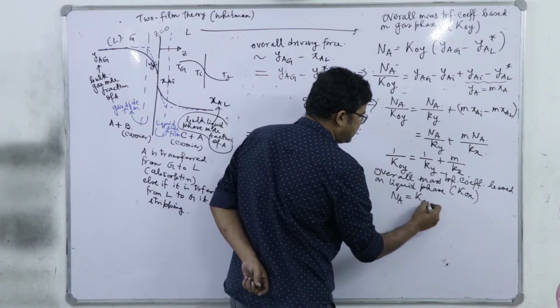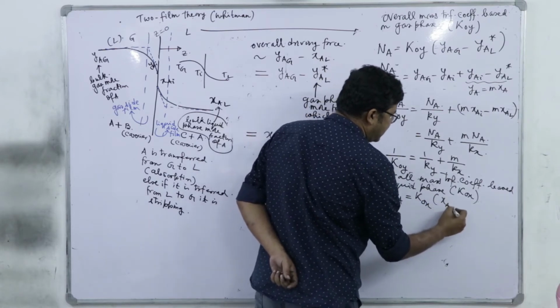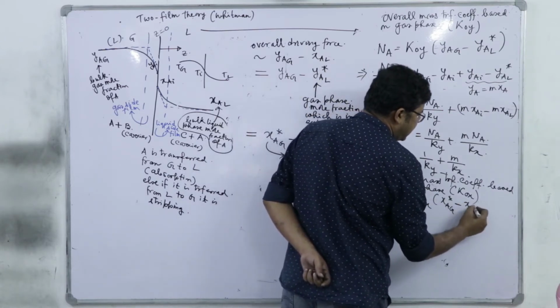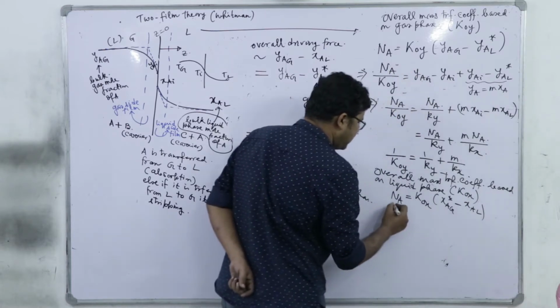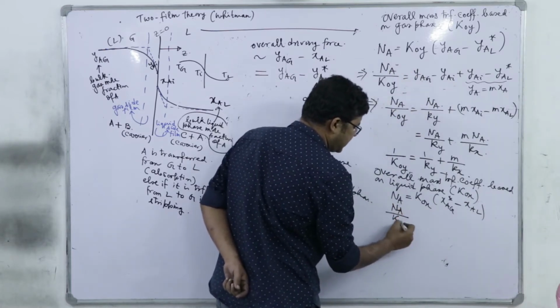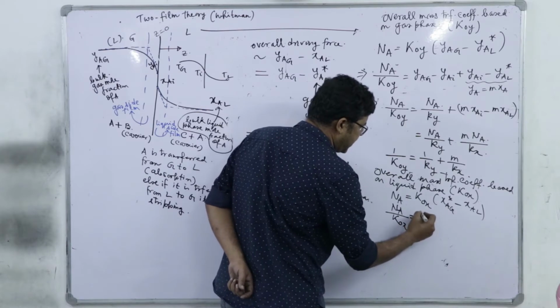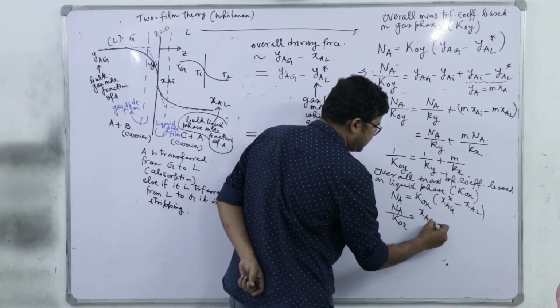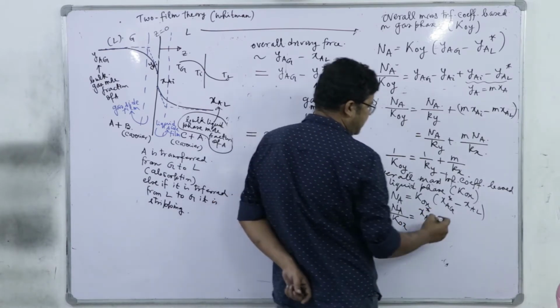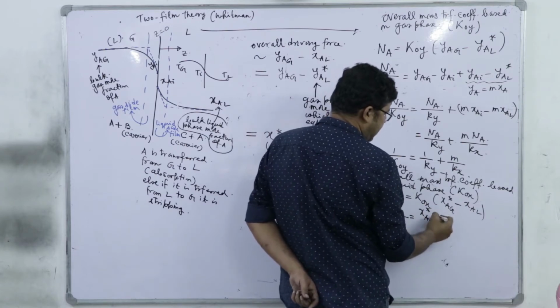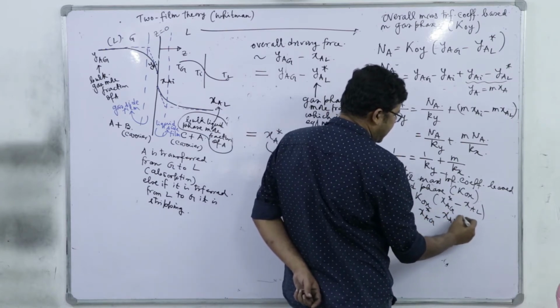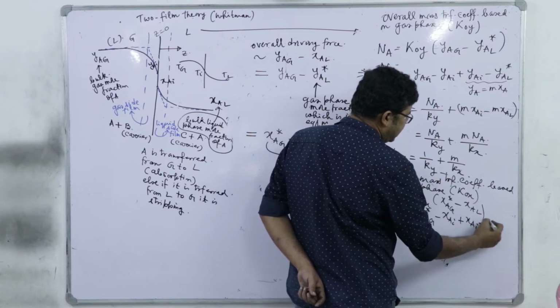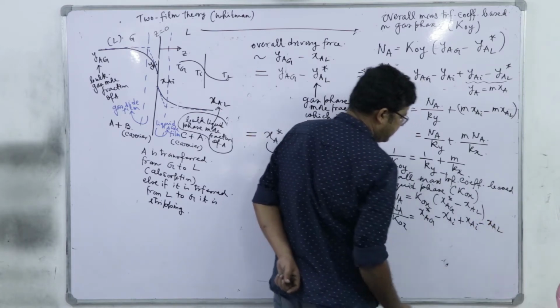So, Na is equal to KOX xag star minus xl. So, very similar to the previous analysis, Na divided by KOX is equal to, just see, xag star minus xai plus xai minus xal.